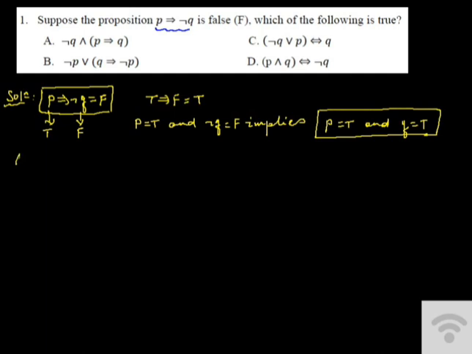So let's see the first choice: the negation of Q and P implies Q. This means Q is already true. Therefore, let us put the truth value here. The negation of Q is false, and P is true.